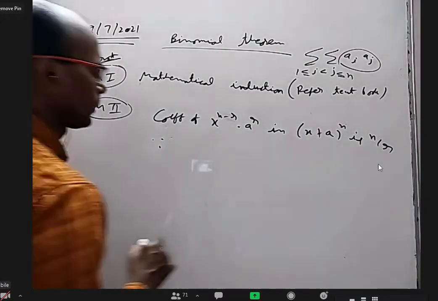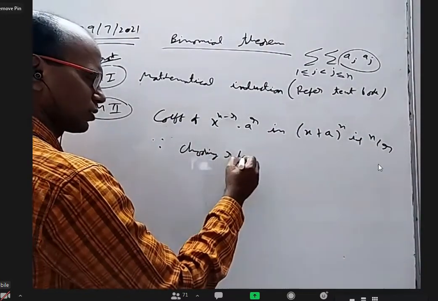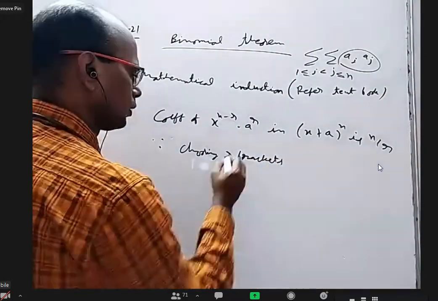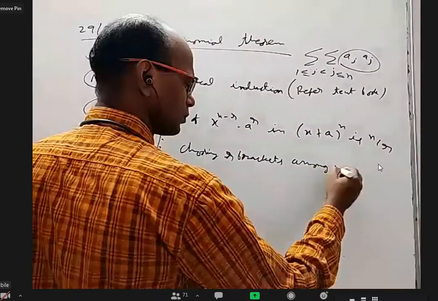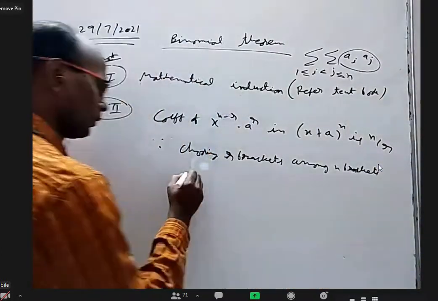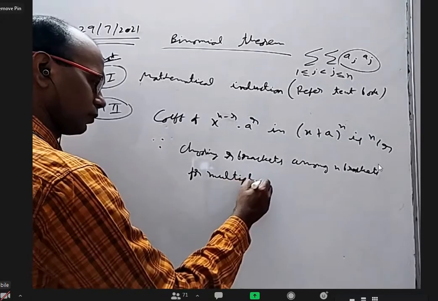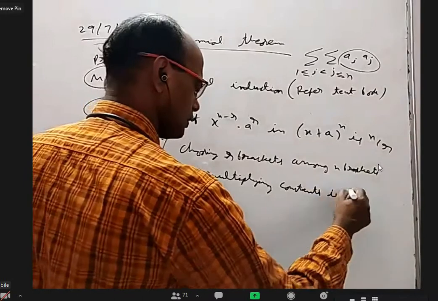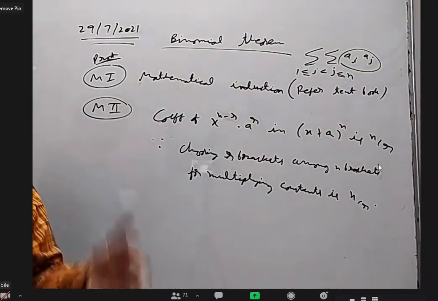Since choosing R brackets among n brackets for multiplying constants is NCR. If some people don't understand because this is related to permutation combination, don't worry.